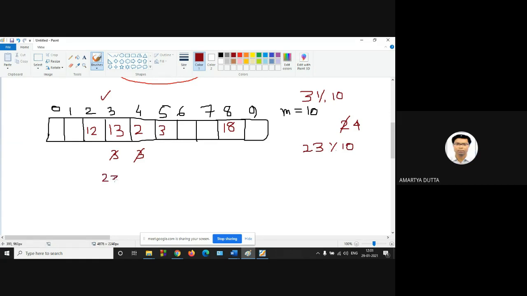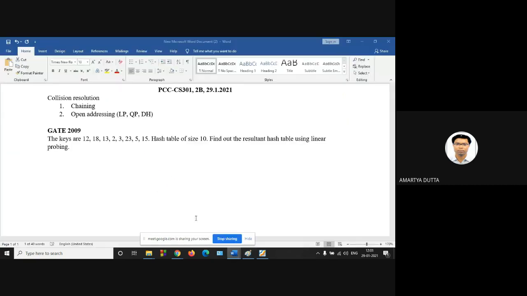But there is a collision. Till 5 there will be collision, so insert 23 at position 6. Total collisions are 7. Next one is 5.